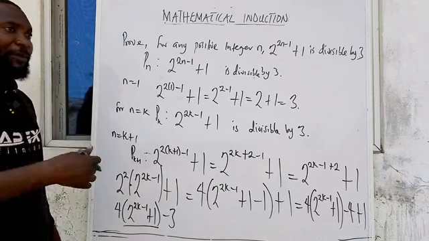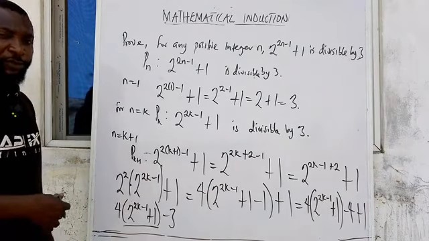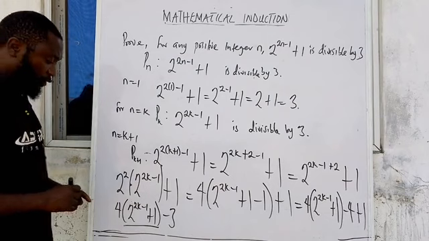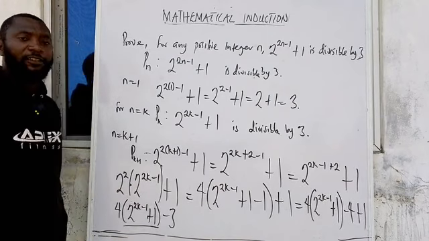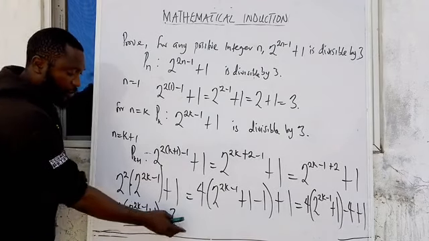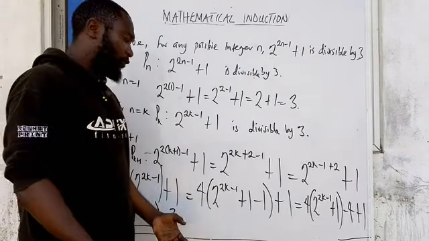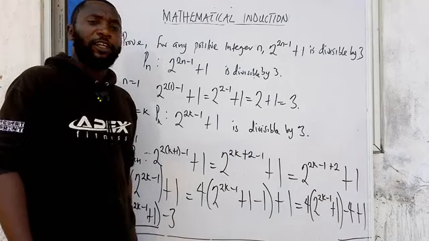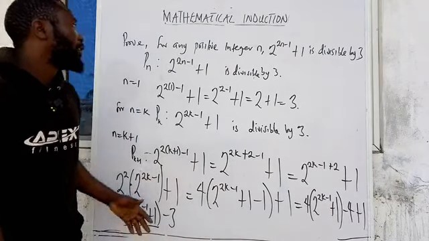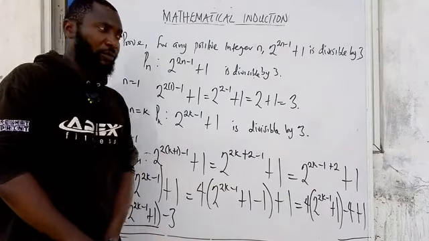And a multiple of 3 multiplied by any whole number will still give us a multiple of 3. So because of this, we say this part is divisible, this part is divisible. Addition of 2 multiples of 3 will always be divisible by 3. So from here now, we conclude that this statement is true. It's always true.